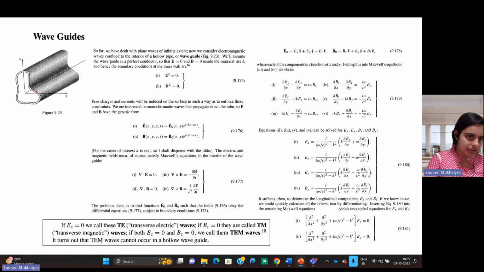And you know that the electric field and magnetic field in the conductor region, it might be a very thin hollow pipe, but within that thickness of the conductor, the field is zero, right? So that means at this boundary, you want to find the electric field here, and here it's zero, right? So now it's a boundary value problem.